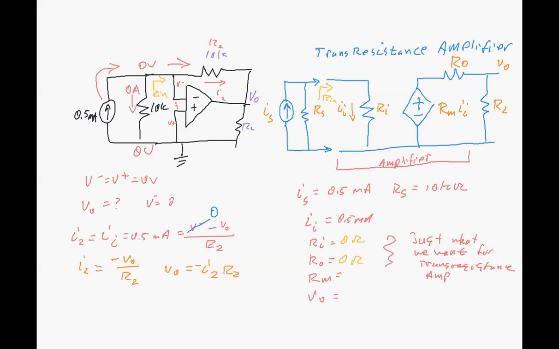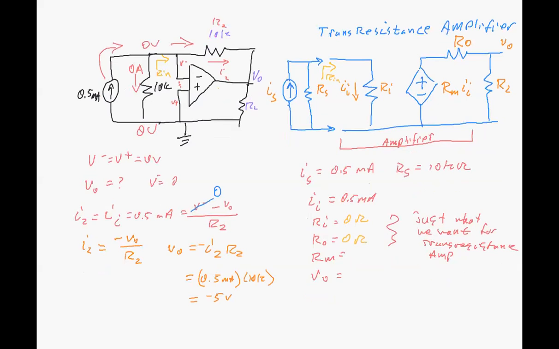So that would be equal to 0.5 milliamps and 10K, which is equal to minus 5 volts. So we got minus 5 volts there.